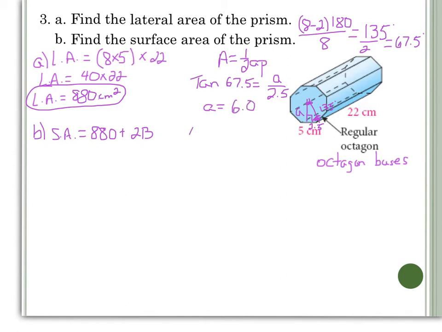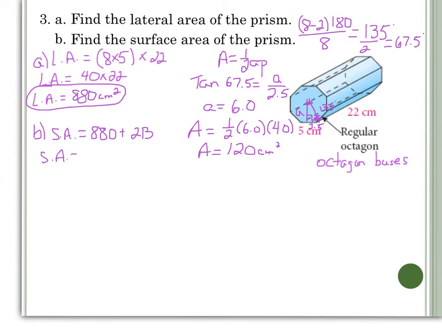Alright, now we can find the area of our regular octagon. So 1/2 times 6 times the perimeter, which we found in part A to be 40. So our area for the regular octagon is 120 centimeters squared. So now I can plug that into my surface area formula.